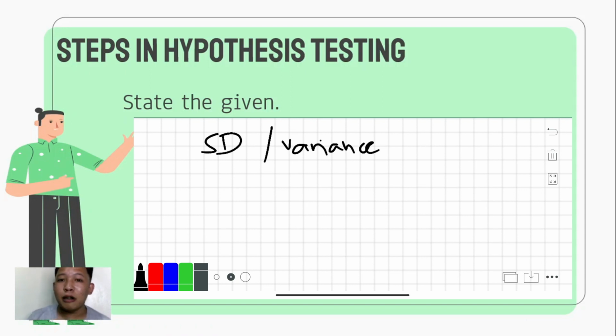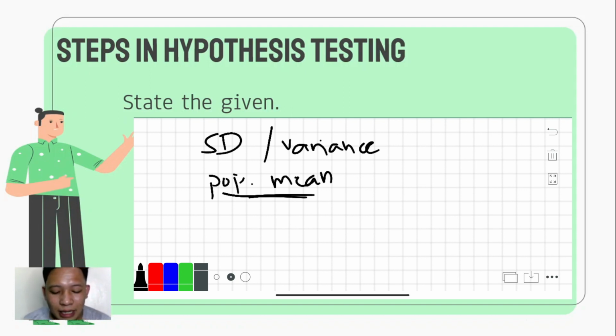Okay? Either po kung sample man yan or population standard dev or variance. And next is our population mean. Importante din po ito dahil ito po ay gagamitin natin on our next step. Okay? Since this discussion is all about testing hypothesis about the population mean. Kaya importante po yung population mean.